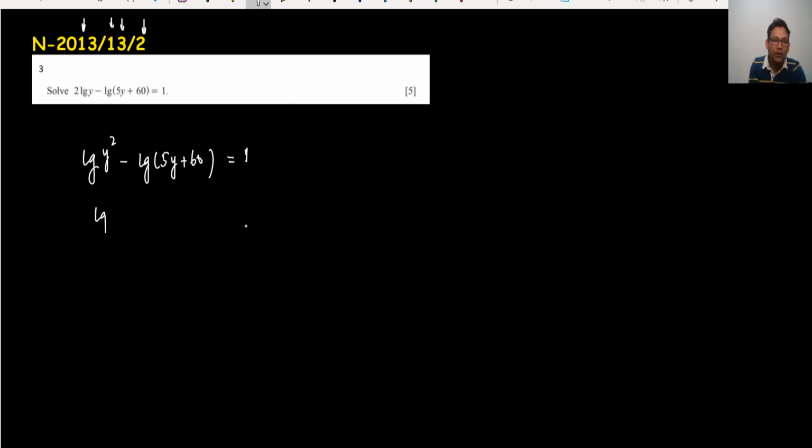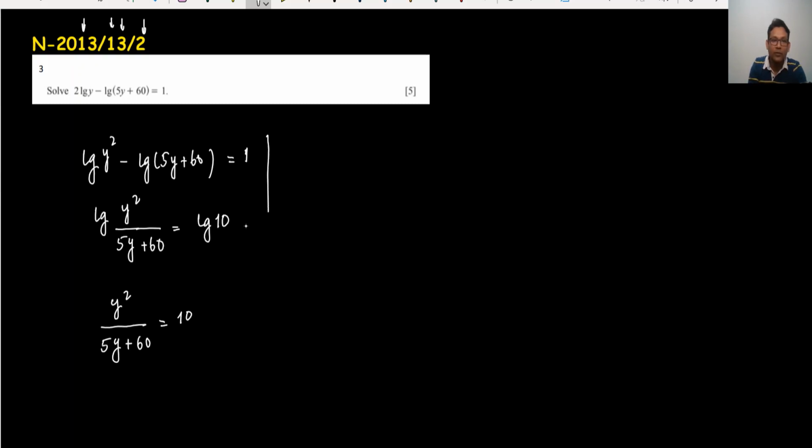And when we write a single log, we write lg y square, and minus means we have to divide, using the laws, plus 60 is equal to 1. We can even write here lg 10 because lg 10 is equal to 1, or you can write it in the index form. Now log comparison here, so y square divided by 5y plus 60 is equal to 10.